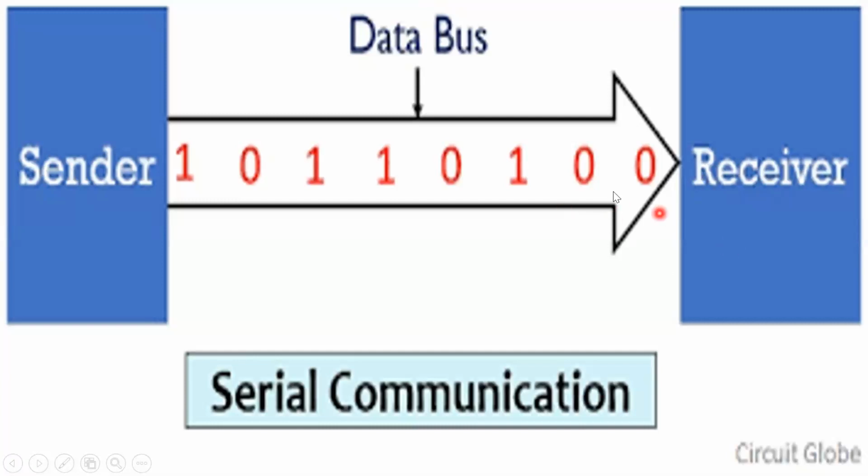That is, first the data is transferred bit by bit, and then as a whole it is collected at the receiver side to form the byte that was actually sent. That is why parallel communication is faster than serial communication. This is how parallel and serial communication work.